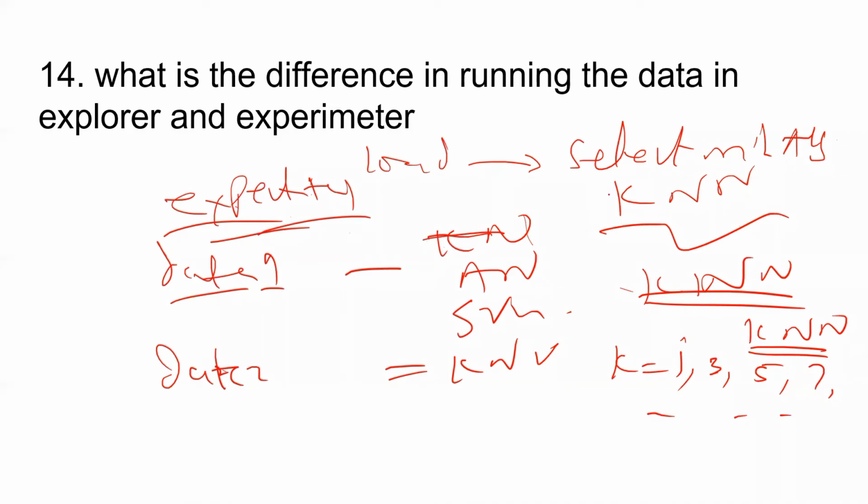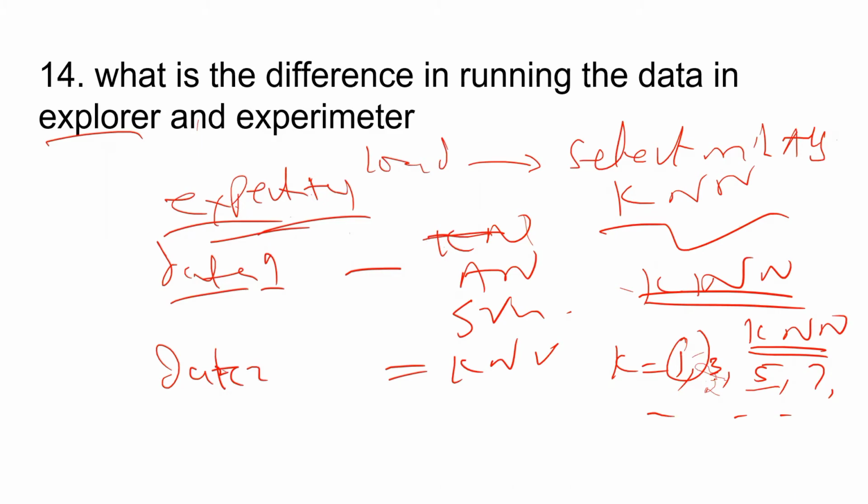So for the normal case, when you use the Explorer, you run K equal to 1. You change the value to 3, you run it again. You change it to 5, you run it again. You keep changing and running. That is one by one. However, when you use Experimenter, you set up everything at a go, and you just click run, and it runs many experiments for you.